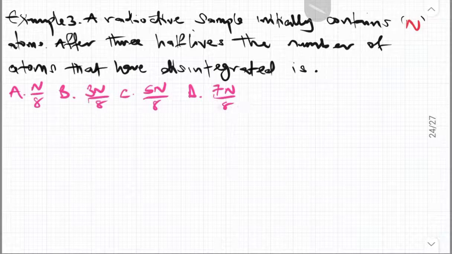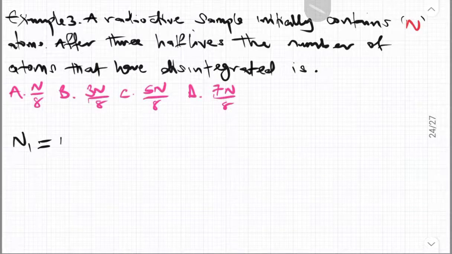So N1, which is the initial number of atoms, is actually N in this case.